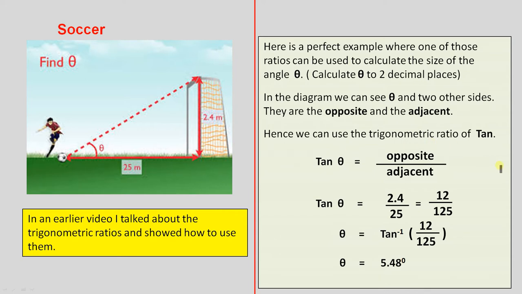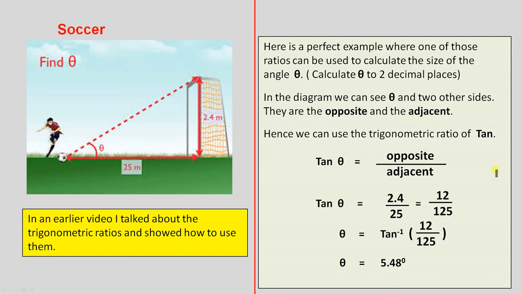So here is a perfect example where one of those ratios can be used to calculate the size of the angle theta. We're going to calculate theta to 2 decimal places. In the diagram we can see theta and 2 other sides. They are the opposite and the adjacent. So there's theta, there's the opposite, and there's the adjacent.